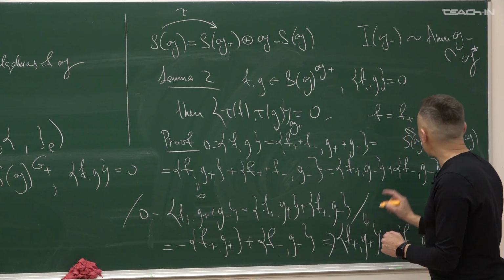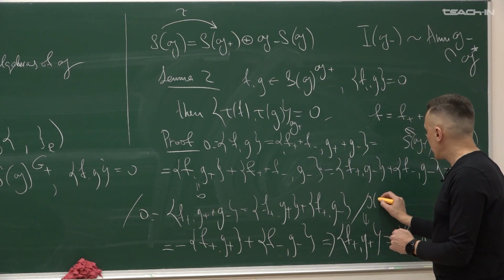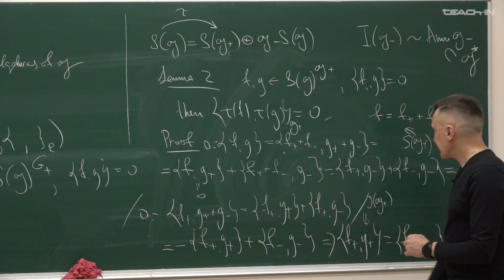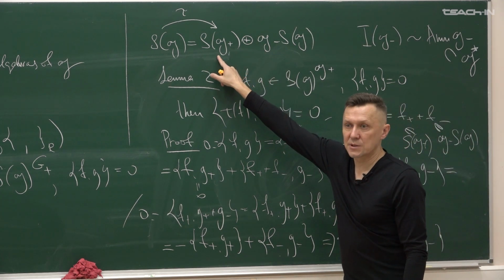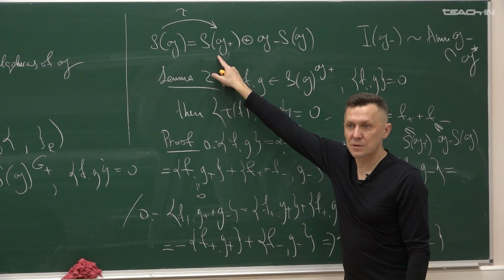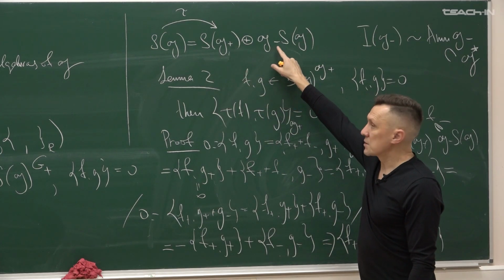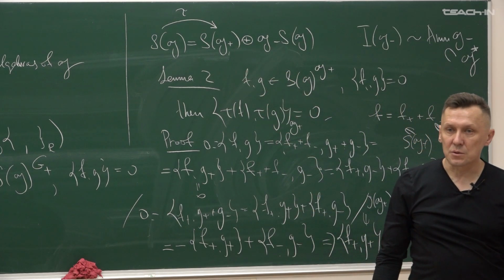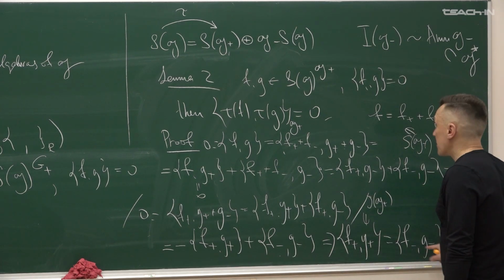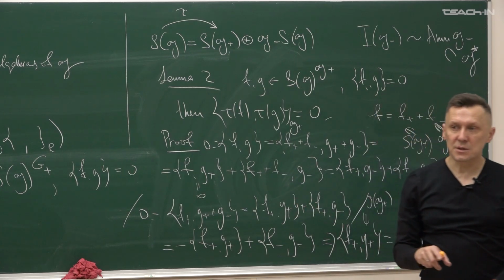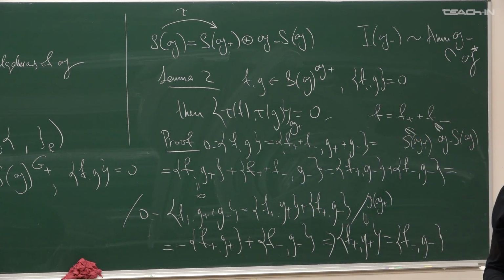So this is an element of S(g plus). In this decomposition, this is the Lie subalgebra, the Poisson subalgebra. And this subspace is also Poisson closed. So the Poisson bracket of two elements from this subspace is also an element of this subspace. Is it clear?